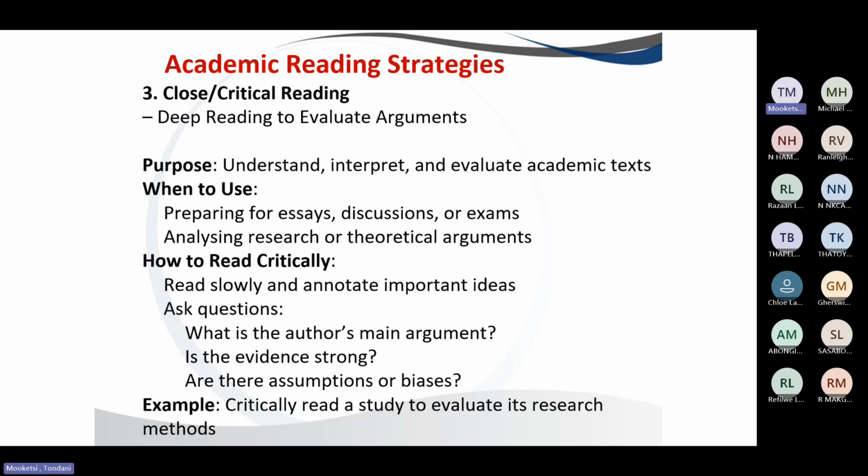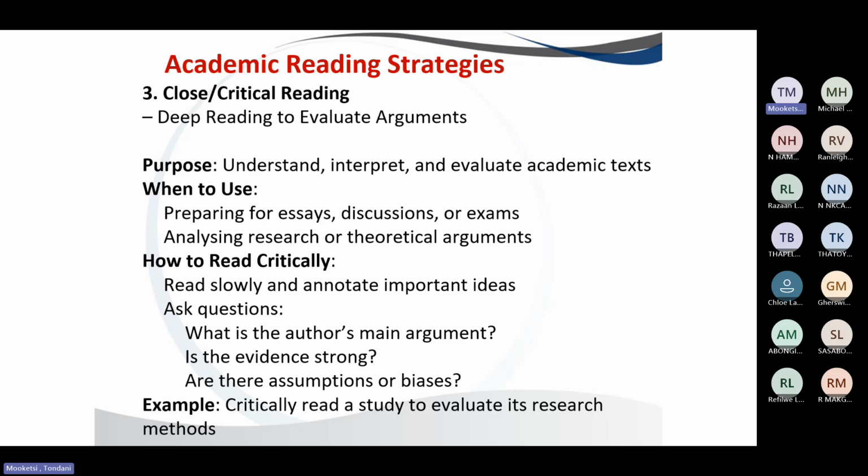Then we have the third strategy, which is close or critical reading. This means deep reading to evaluate arguments. So this is the type of reading that you need to do in order to be able to answer assessment questions. So now for this assignment 2, you need to do deep reading for chapter 4, 5, and 6.